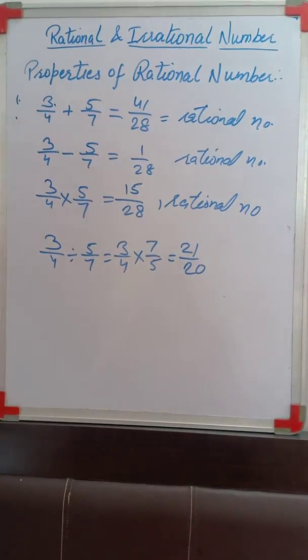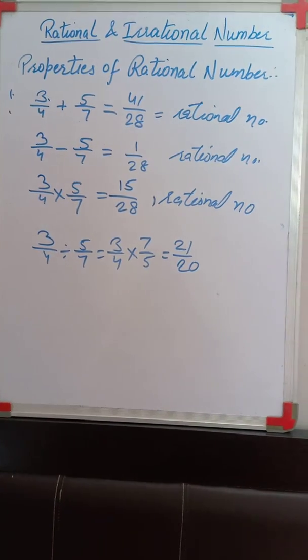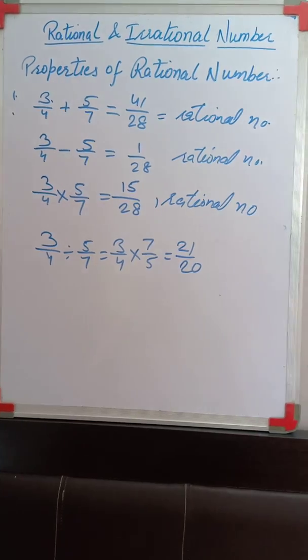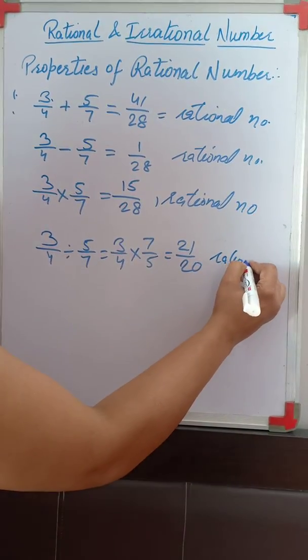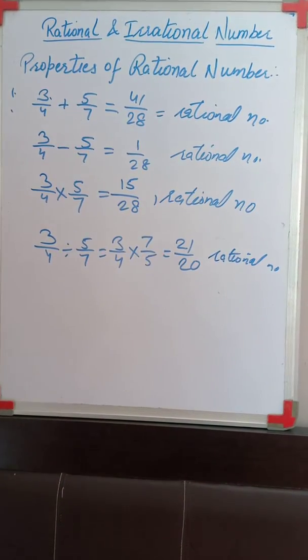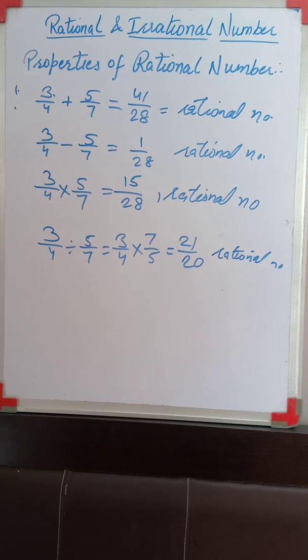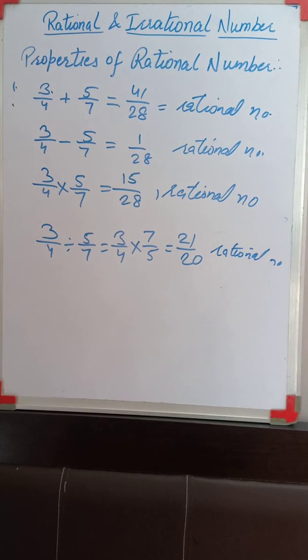So is it a rational number or not? Yes, it is also a rational number, right? So whenever we add, subtract, multiply or divide two rational numbers, the answer will always be a rational number. This is the first property of rational numbers.